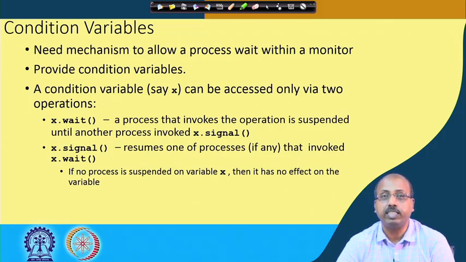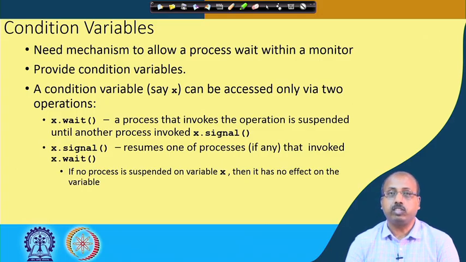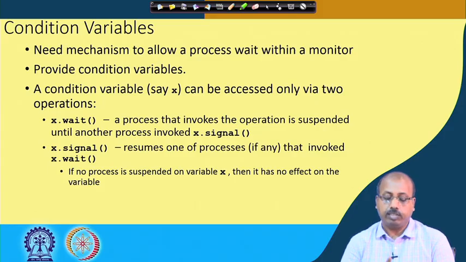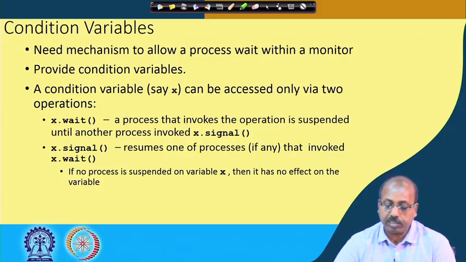So one process is waiting on a condition to be satisfied, calls wait on the condition variable x, and waits until some other process calls signal. The x.signal operation resumes one process, if any, that invoked x.wait. If there are some waiting processes for this condition variable, one will be invoked, and if no process is suspended on variable x, then it has no effect. If there is nobody waiting, then nothing happens.